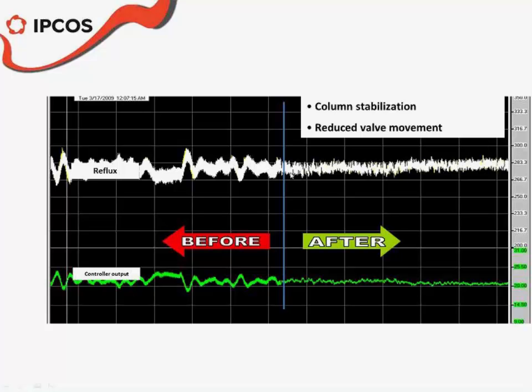After that, we managed to keep the reflux much more stable because the level was much better tuned. Not only that, this is the final control element, the controller output. You see how it was all the time under a lot of stress, going up and down, with very high frequency oscillation on it. And after that, much less variation. So two very important achievements here.